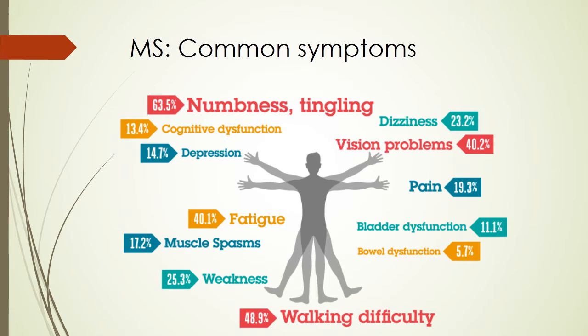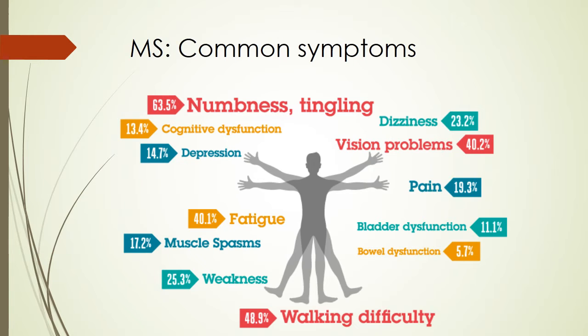Almost 50% of the people have difficulty in walking. You've got dizziness with one person out of four, vision problems, pain in one out of every five. And then you've got bladder and bowel dysfunction, mainly incontinence complaints. So these are the common symptoms that go with the label multiple sclerosis.